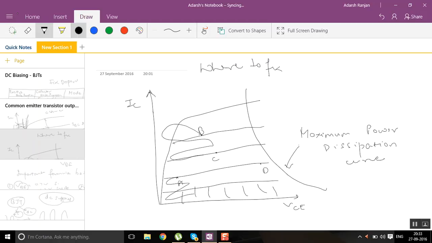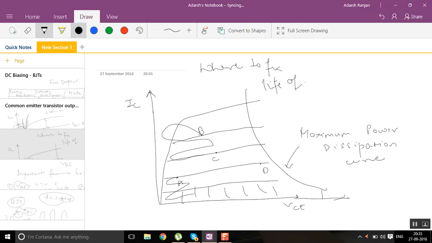And this line here is called the maximum power dissipation curve, and this curve somehow decides the life of the device.